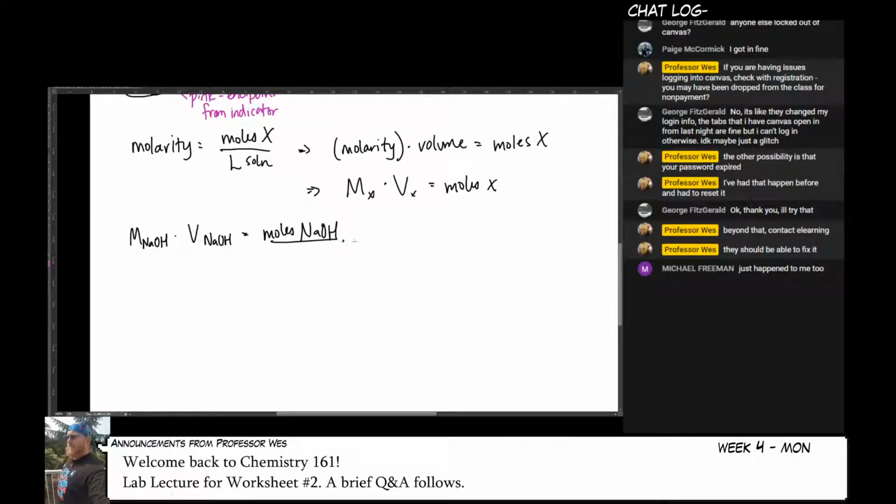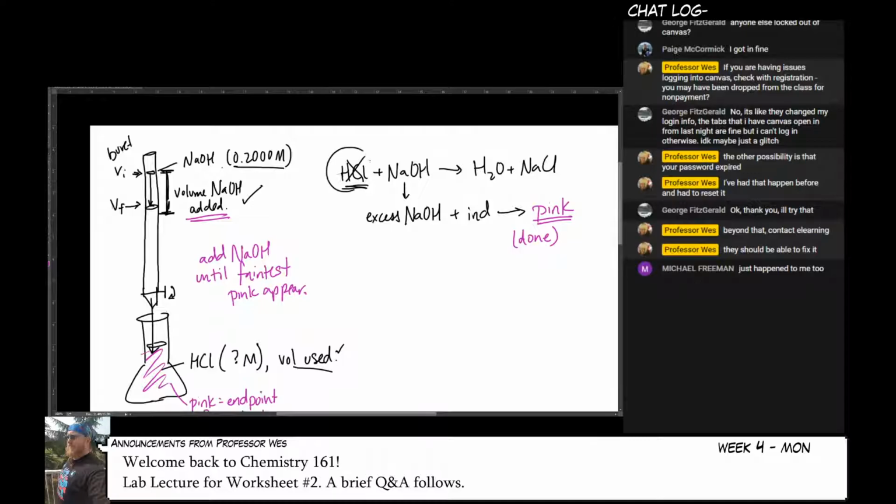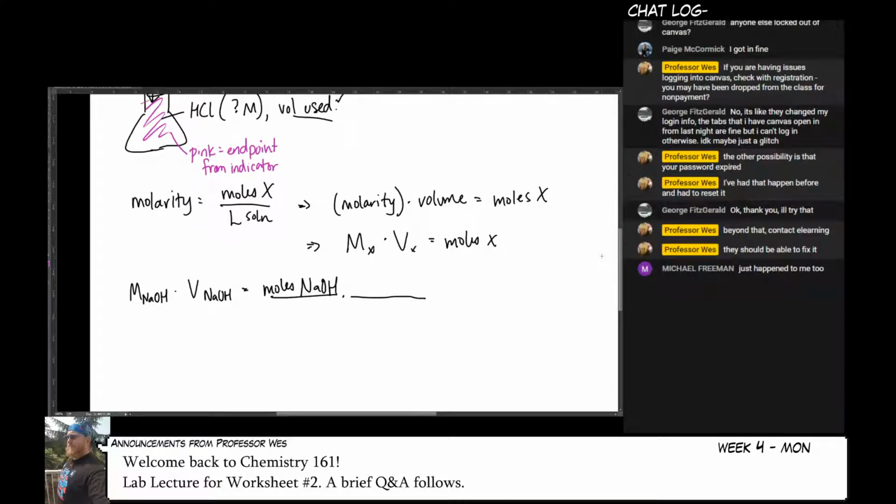Then what we can do is we can say, okay, well, if I go to the balanced equation up here, which is very simple, for every 1 HCl I react, I also react 1 sodium hydroxide. So for every mole of sodium hydroxide that's reacted, I also react a mole of HCl. So by knowing the number of moles of NaOH that were in the burette, we also know the number of moles of HCl that are in the beaker, because we react them 1 for 1, and if we stop at the end point, we didn't put too much NaOH in there, we put just enough.